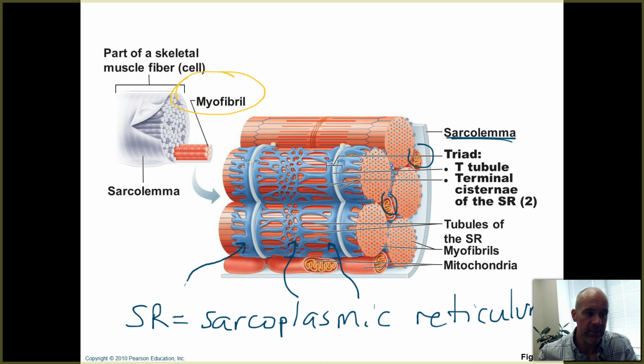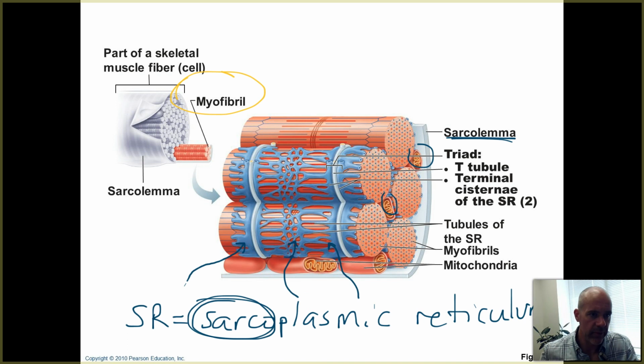And that's what it is. The sarcoplasmic reticulum is a membrane-covered, webby-looking compartment that is really smooth endoplasmic reticulum. But in a muscle fiber, it's called sarcoplasmic reticulum. Sarco, that prefix a lot of times is referring to muscle fibers.